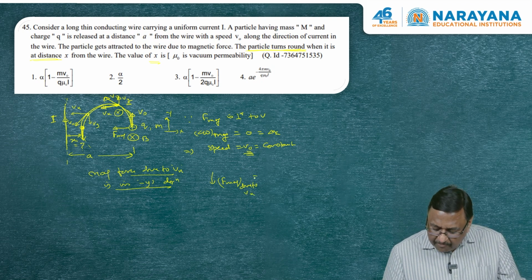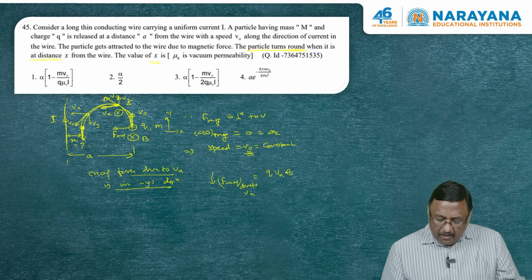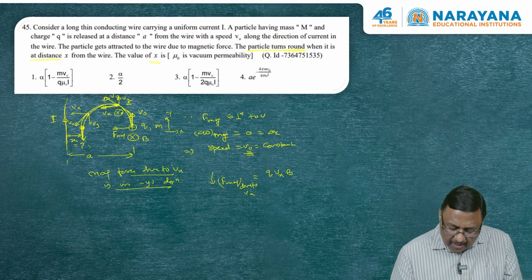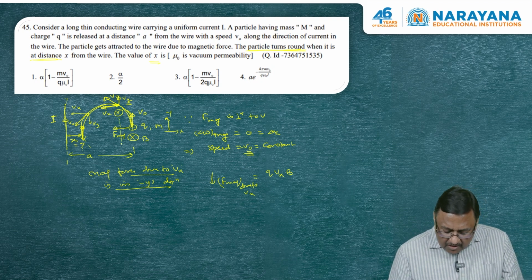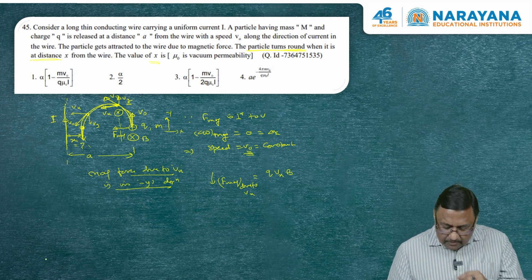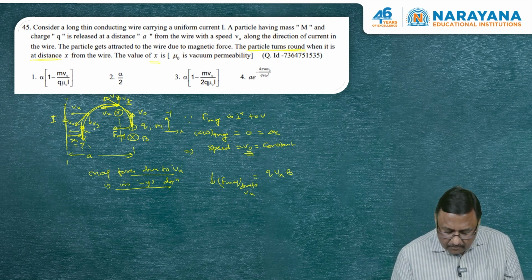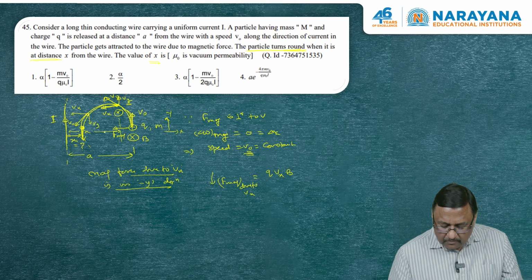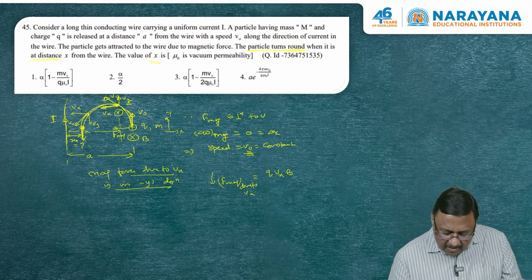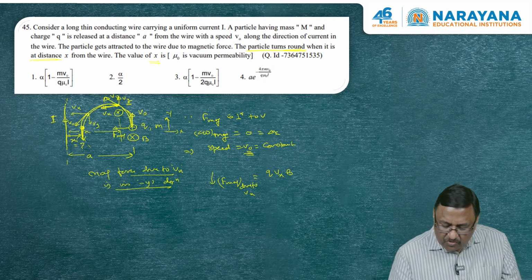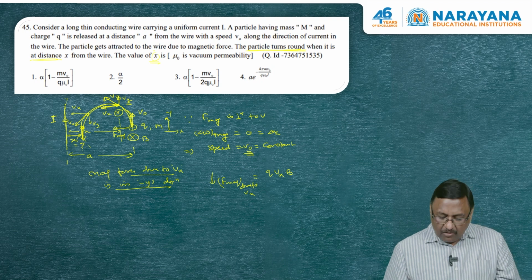If I am writing F magnetic, it is going to be Q V B. Let us say I am at this point. For the time being I just use the same notation, take this to be x here. I am just changing my notation to x dash, because what the question is saying as x, I will change later on.